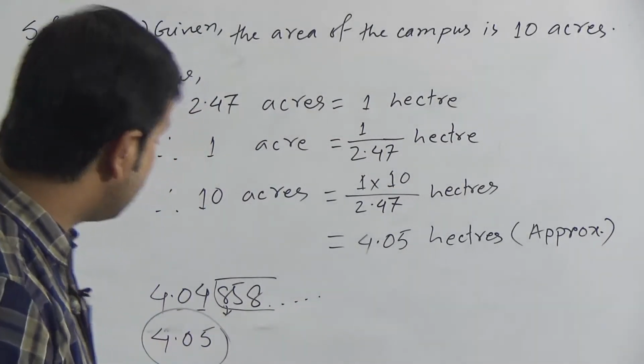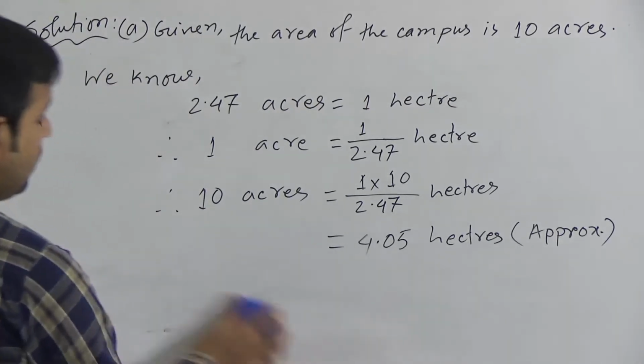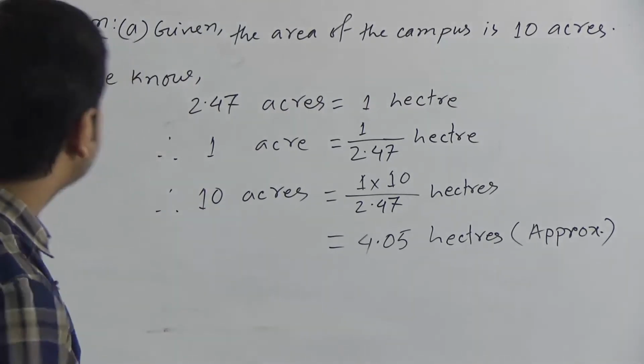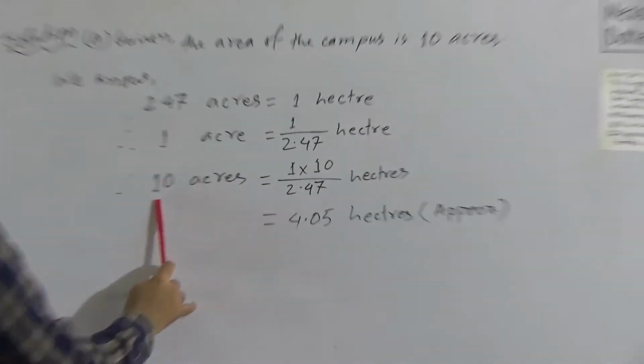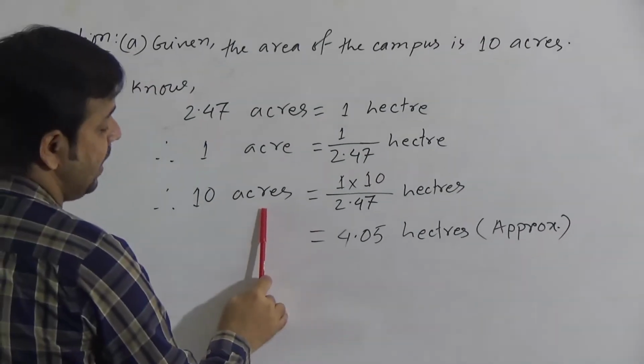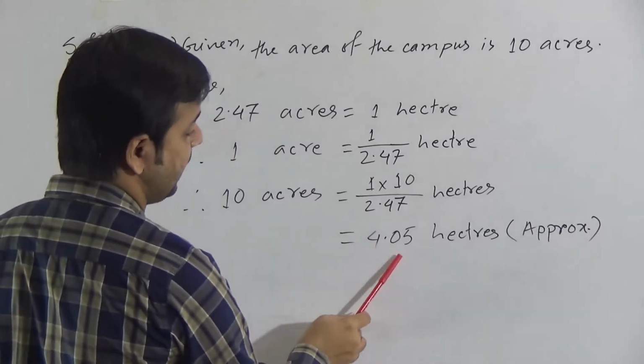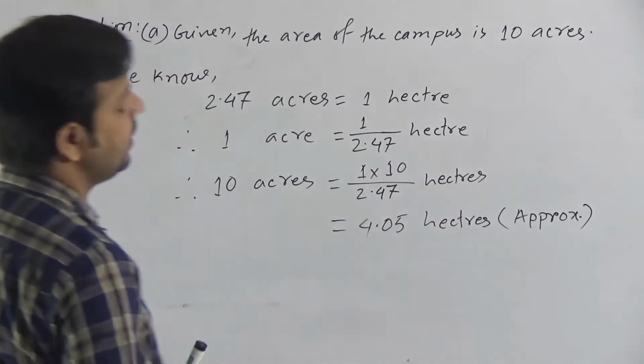Okay dear students, now see what our question was. The question was, what is the area of the campus in hectare? Here 10 acres is the area of the campus, and I have converted this 10 acres into hectares. So this is the required area in hectares.